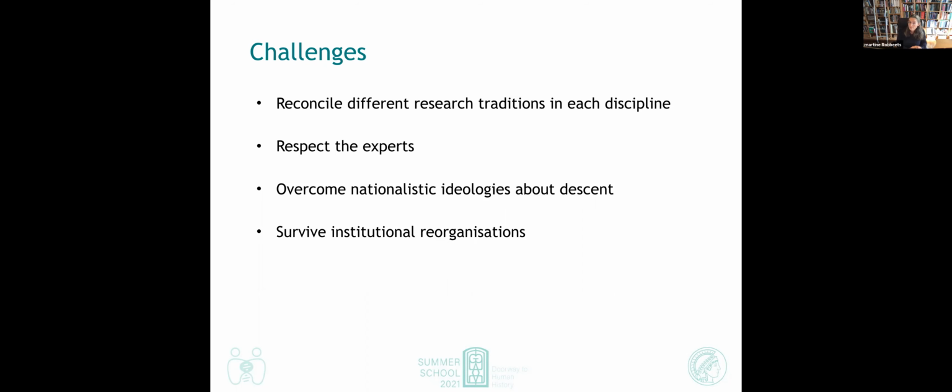Overcoming nationalistic ideologies was also a challenge. Accepting that your own language and your own people and culture originated beyond the present day national boundaries of your territory is for some people a surrender of identity to which they are not yet prepared. So we had very strange situations.